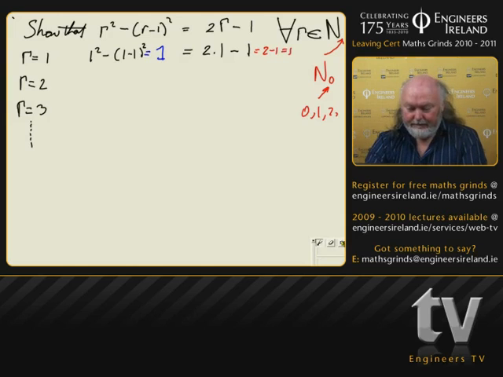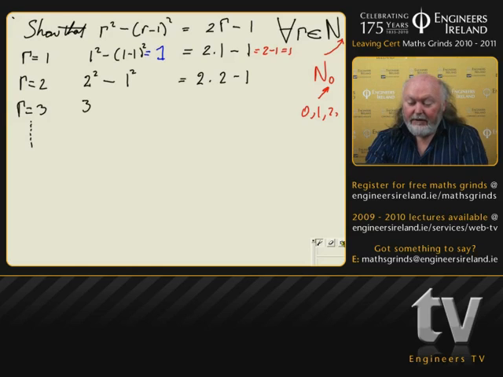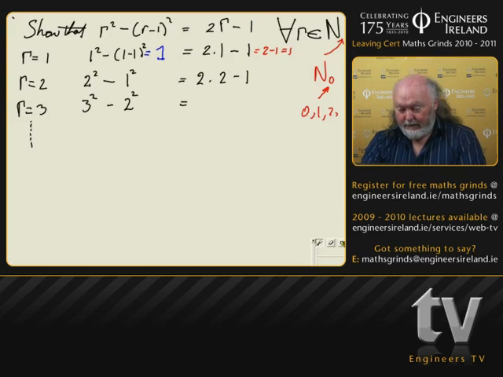Now then, let's look at the next one. Rather than just writing 2 minus 1, why don't we write it where we've worked it out first, and we'll say 1 squared. And over here, we're saying it's going to be 2 by 2 minus 1. Down here, we're saying 3 squared minus 2 squared is equal to 2 by 3 minus 1.